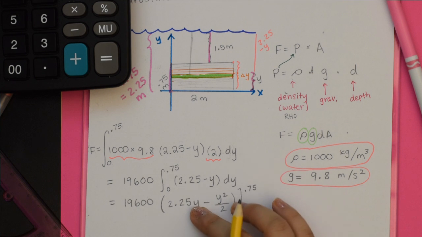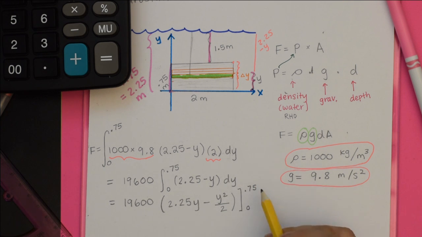And then if I plug in the top bound, that's just plugging in 0.75 wherever there's a y. And then I notice that if I plug in 0, this goes away and this goes away. So really we're just going to plug in 0.75.